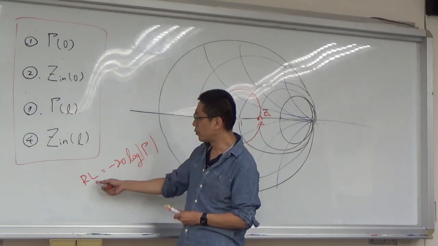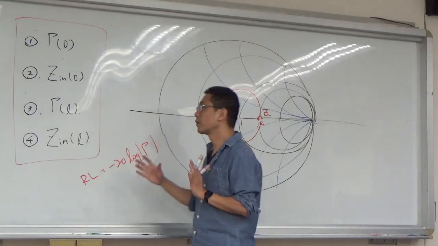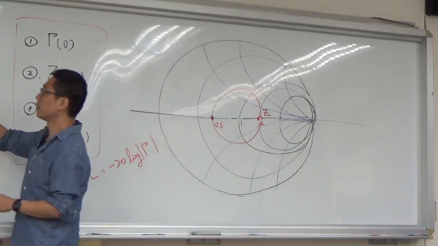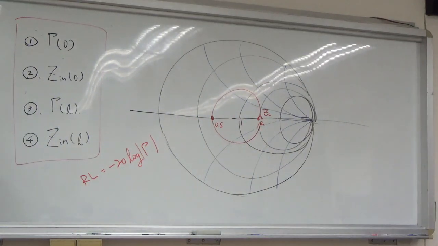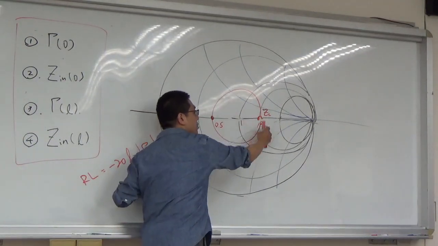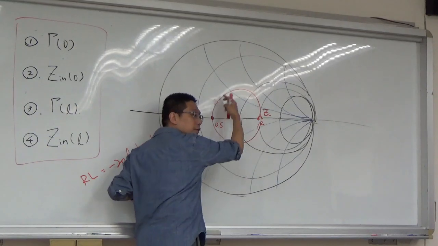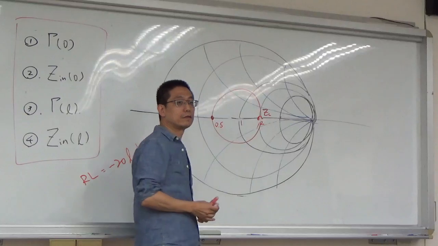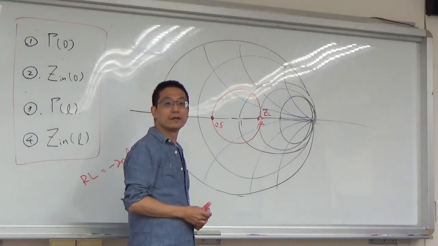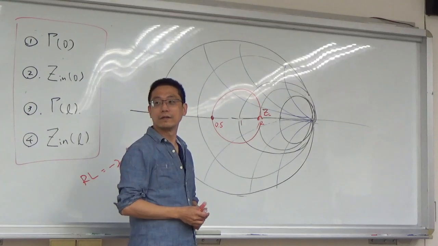So your return loss is keeping the same on the same transmission line. That's why you are moving the position of your output impedance. Guys, okay? Understand?